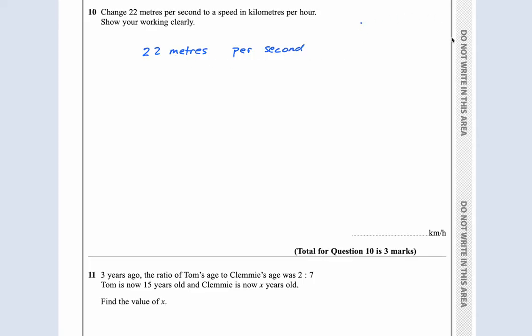okay, again guys, when I do these questions, I say you should just learn that 1 hour is 3,600 seconds, because 60 times 60 is, there's 60 seconds and 60 minutes. 60 times 60 is 3,600. So there's 3,600 seconds in an hour. So if he's going 22 meters in 1 second, how far is he going in 1 hour?